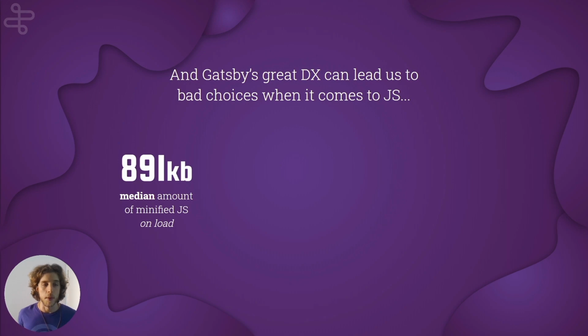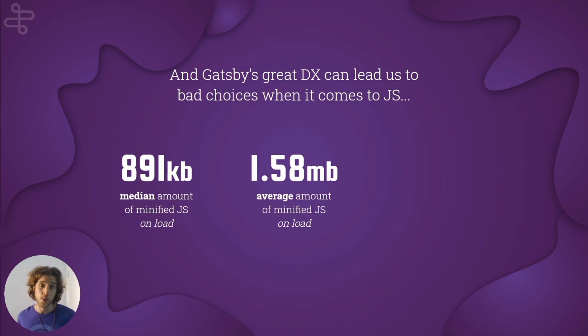So the median amount of minified JavaScript on load, that's not after you browse the website, but just on load, is 891 kilobytes. The average is 1.58 megabytes. Of course, the gzipped size is significantly less, so the users don't download this 1.58 megabytes, but their browser has to process that.